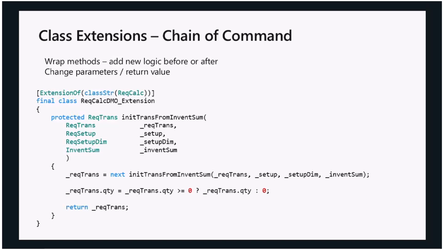You can see that we first invoke the chain with the next keyword, which runs the base Microsoft code and returns the standard recTrans object. We then check this value for our condition, namely, do we have a negative quantity, and change the recTrans value to 0 in that case, before finally returning the new modified recTrans.